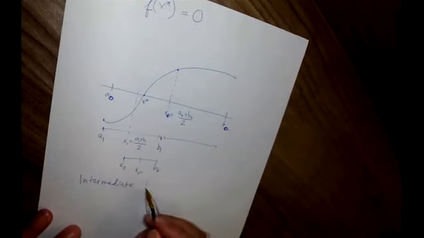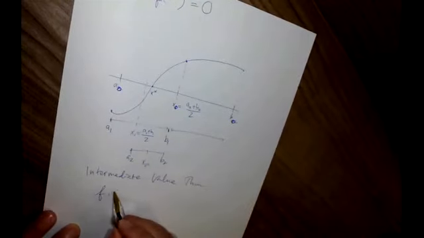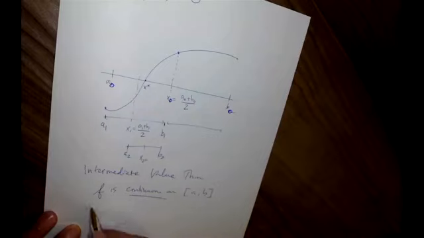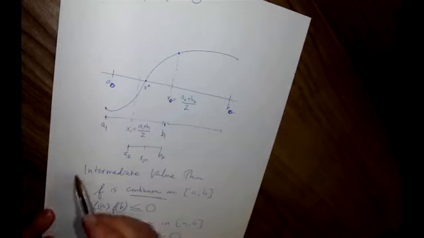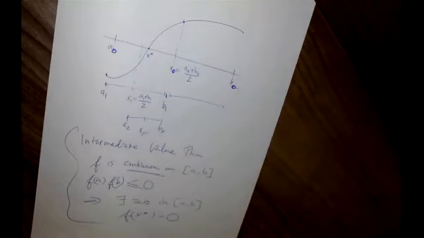So the intermediate value theorem says that if the function is continuous on the interval a and b, so continuity is important, and f(a) and f(b) have opposite signs, then there is a zero in [a, b], so that f(x star) equals 0. So this is the intermediate value theorem. And you see, it's very important that the function has to be continuous. Otherwise, you cannot use this method. Okay?